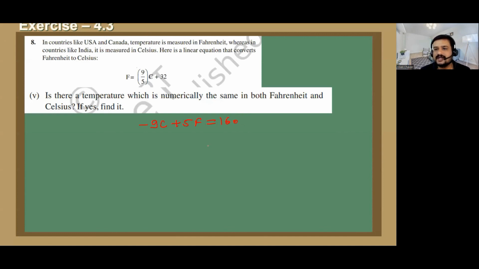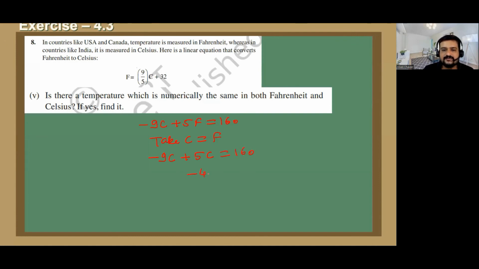Yes, absolutely correct, Arya. We have to take C is equal to F. C and F are equal. So what we'll do? Minus 9C plus 5C, I'll write it here now because C and F are equal, will be equal to 160.